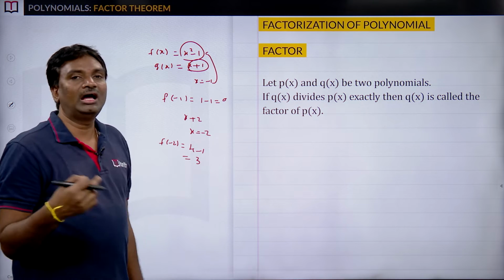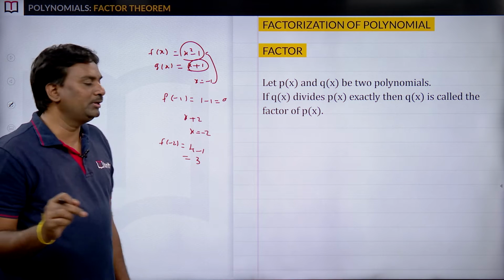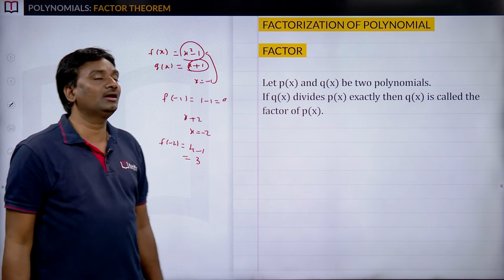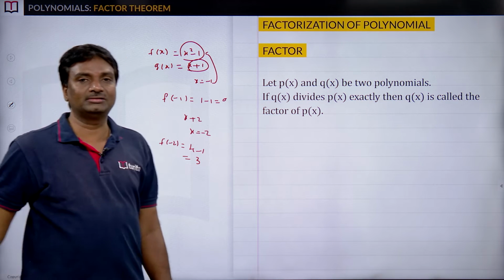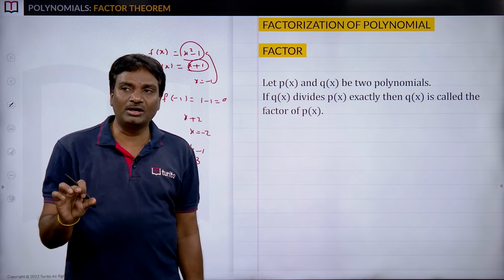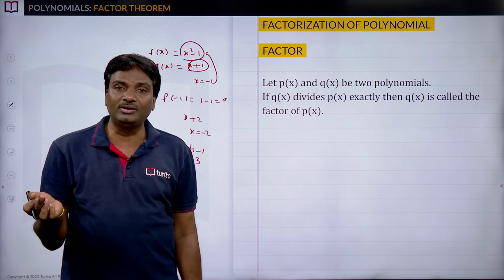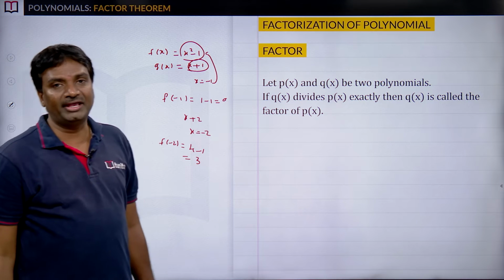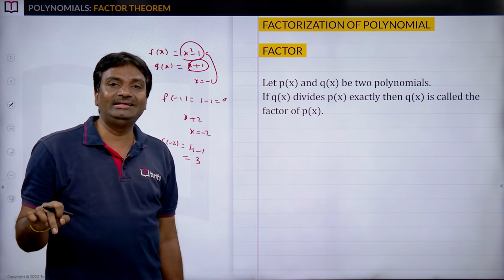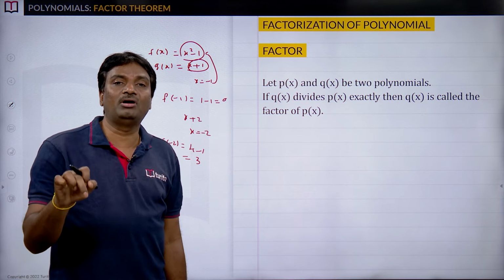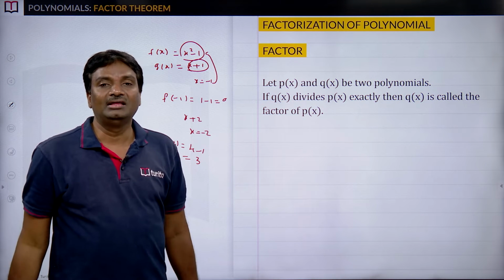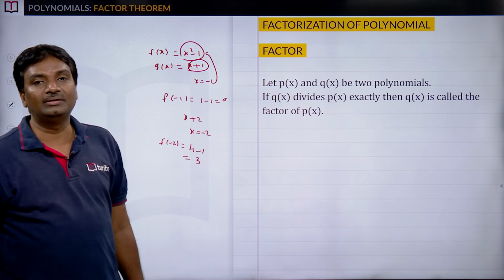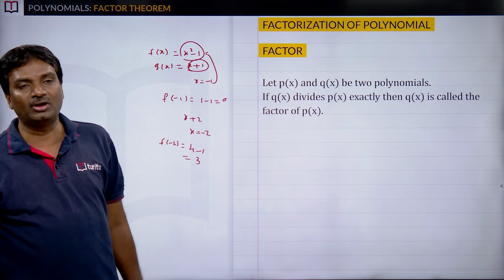So, since the remainder is a non-zero number, then we can say x plus 2 is not a factor of the polynomial x square minus 1. So, by dividing one polynomial by another polynomial, if we get the remainder as 0, then we can say the second polynomial is dividing the first polynomial exactly. In this case, we can say the second polynomial is the factor of the first polynomial.